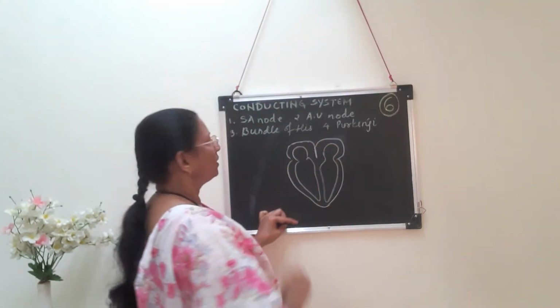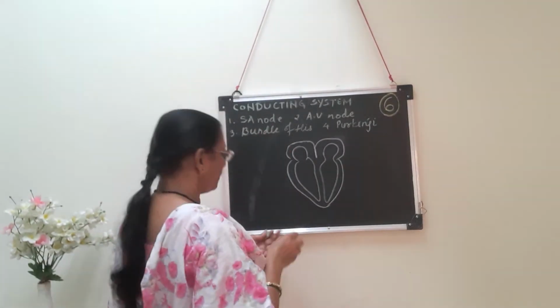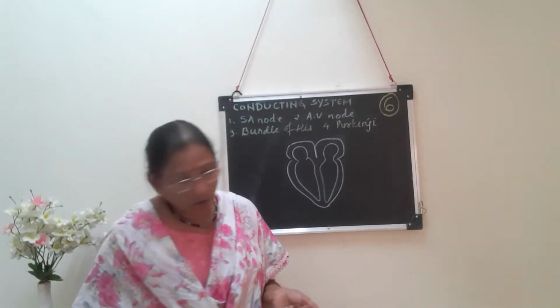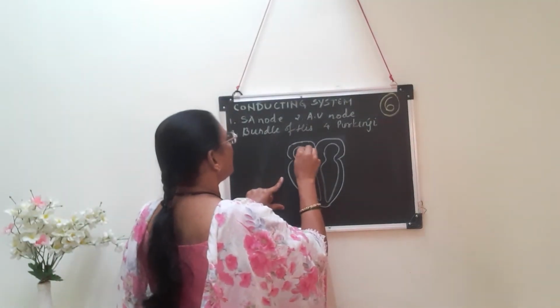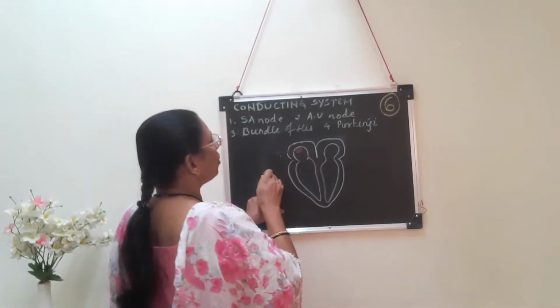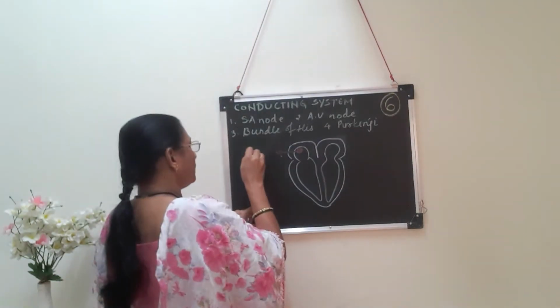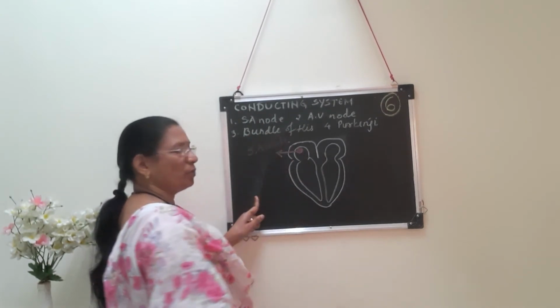We'll see the position of the SA node. This SA node is present on the wall of the right atrium. So this is the right atrium, and this is the position of the sinuatrial node, or SA node.